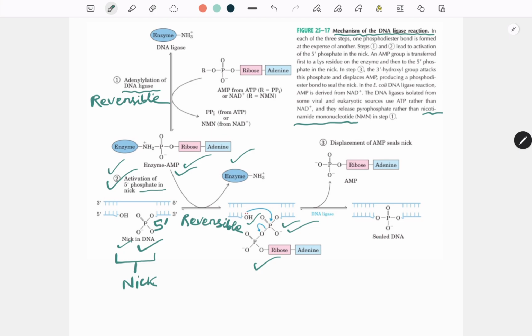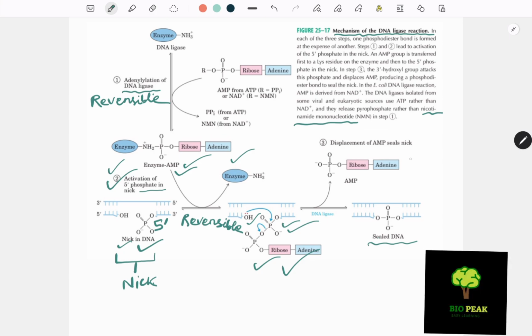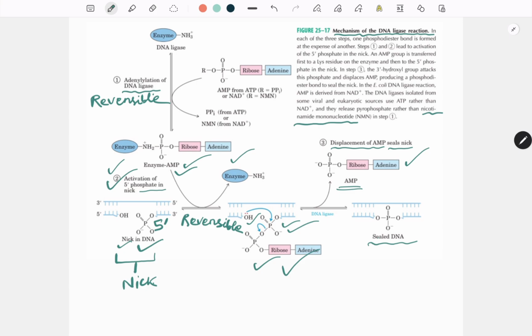As a result, a sealed DNA is produced. The displaced AMP is generally released from the reaction as an AMP molecule. This is the released AMP molecule. So, the third step of the reaction is the displacement of AMP and sealing of the nick.